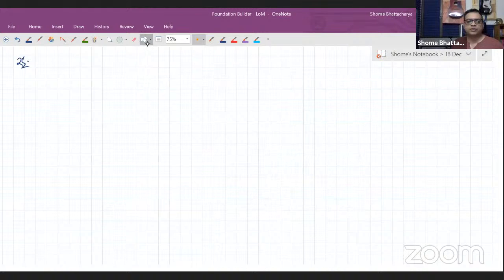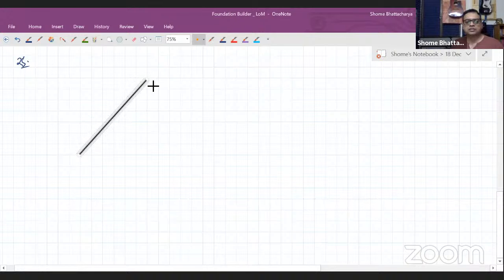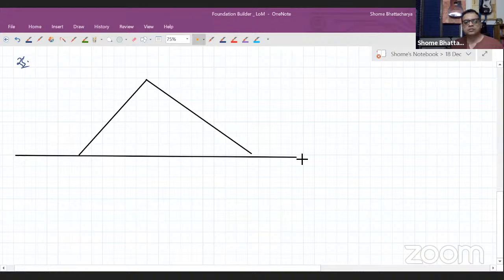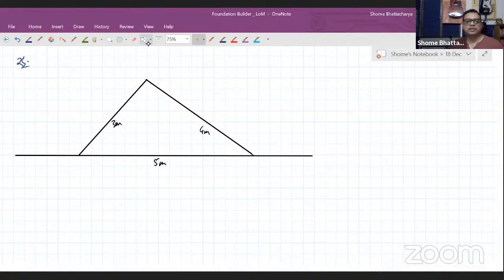So in question 25, you have two inclines like this, such that it's forming a triangle such that this side is 3 meters, this side is 4 meters, and this side is 5 meters. Okay. And there's a pulley like this attached to the top here.